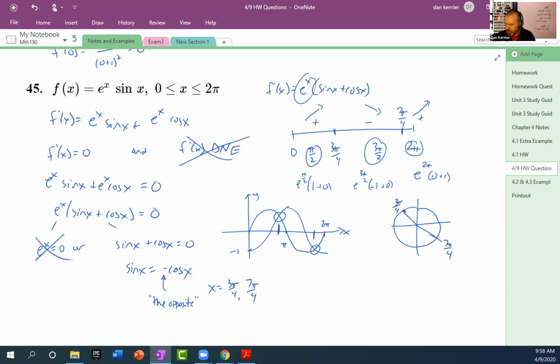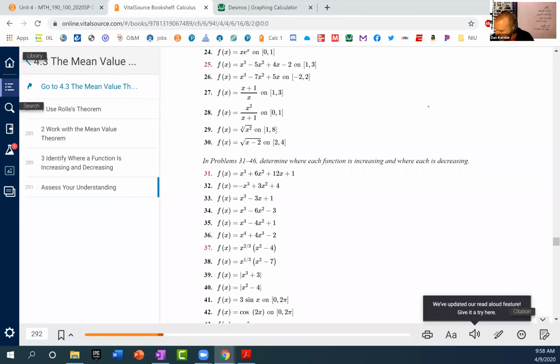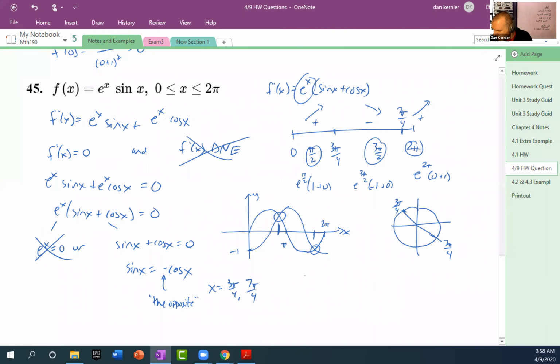Are we supposed to determine where each function is increasing and where each function is decreasing? Okay, so answer, f is increasing on 0 to 3 pi over 4, a parenthesis at 3 pi over 4, because it's a horizontal tangent line there. Technically, it is increasing at 0.